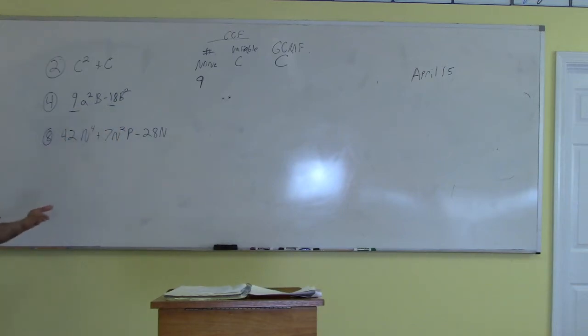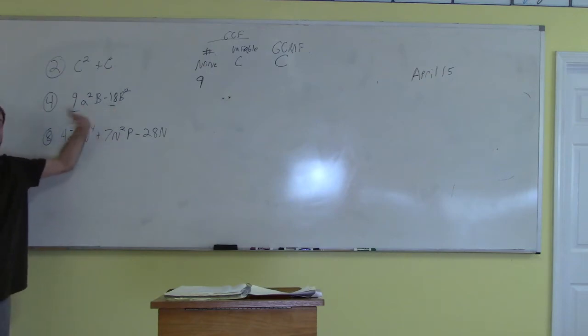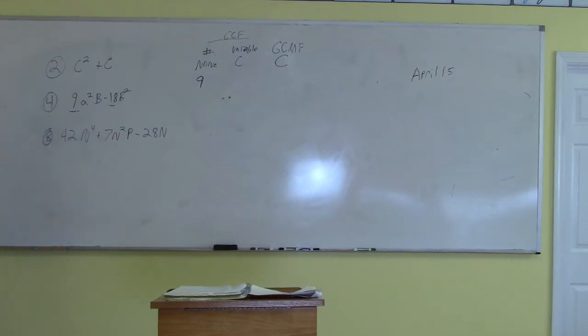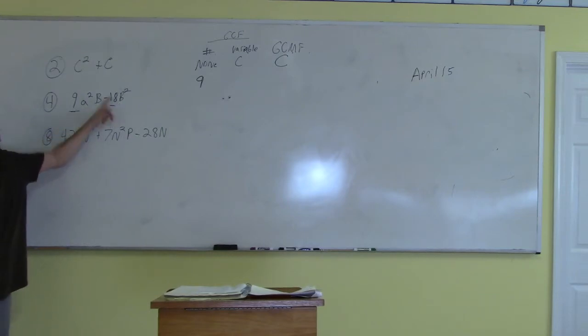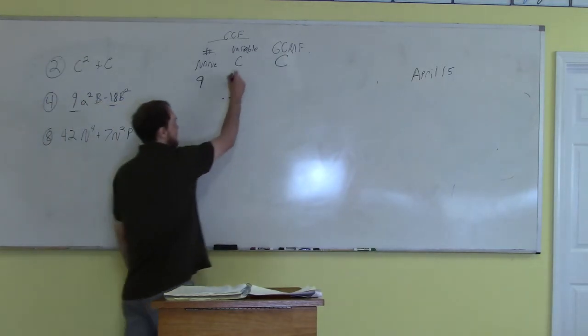That kind of knocks out the A right off the bat. Okay, so then look at the B. Both of them have a B, so I'm good there. Then I'm going to say, how many can I go up to? How many B's can I name that can go into both of these? Well, this has 1 B. This has 2 B's. So that means I can do 1 into here and it'll work, and I can do 1 into here and it would work. So it would just be a B.